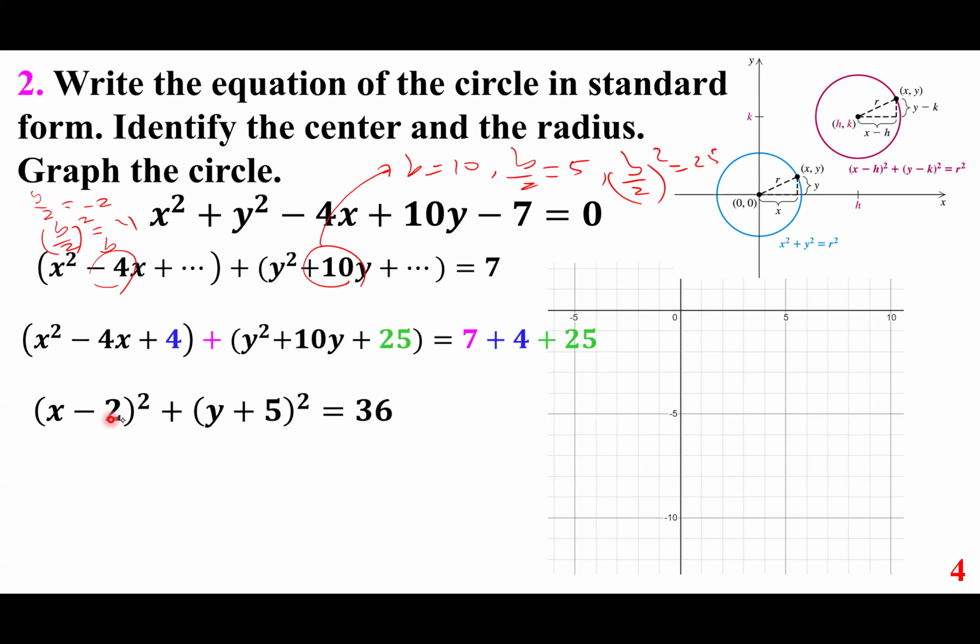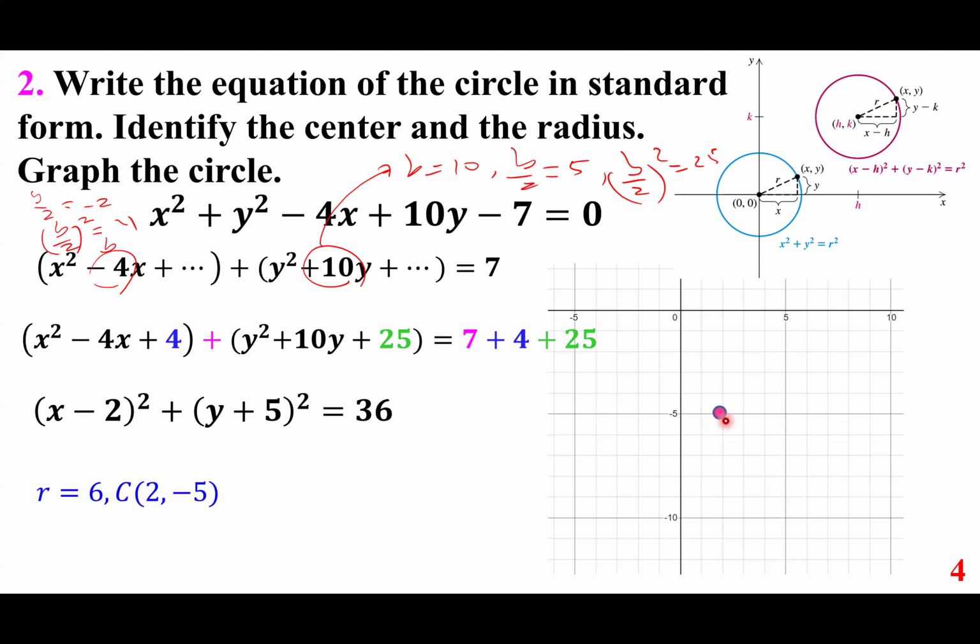So the center is located at (2, -5). The radius is the square root of 36, which makes it 6. So you come up with the center at 2 to the right, 5 units down. This is 0 to 5. This is 0 to negative 5.